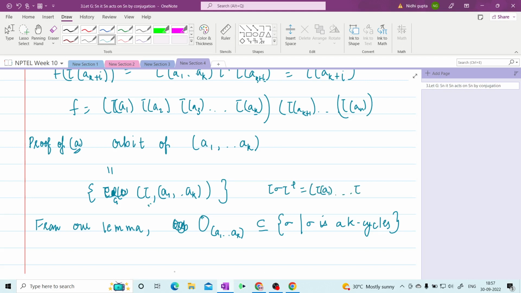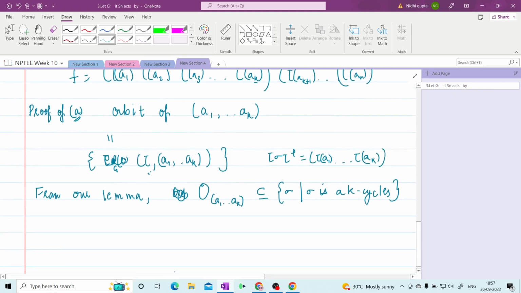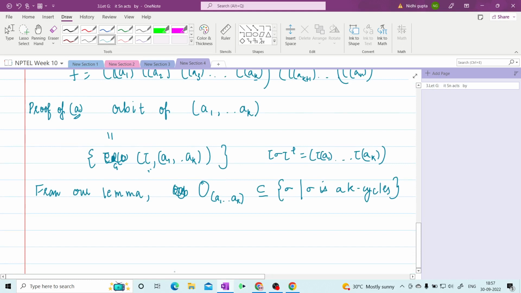So we see that any image in the orbit is here. Any element of the orbit is a k cycle. Now we have to show the other way containment.